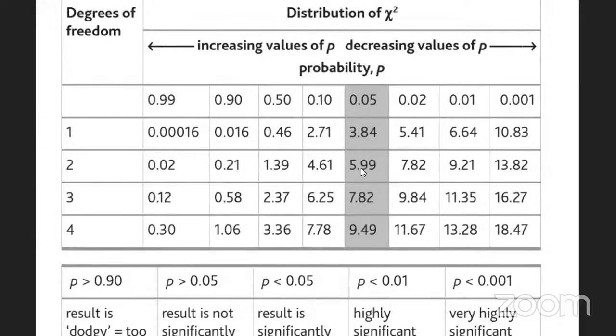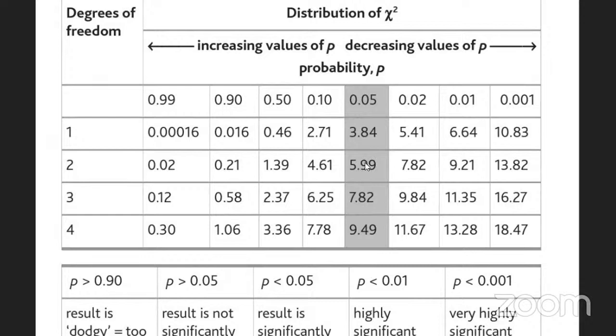You're going to look at this value here, and based on what we calculated, we are going to see if it is greater than 5.99 or less. The number where the degree of freedom and the probability meet is our critical value. So you find your degree of freedom and match it with the 0.05.